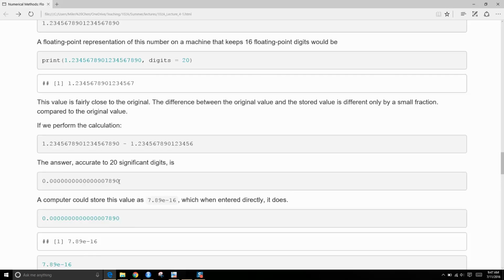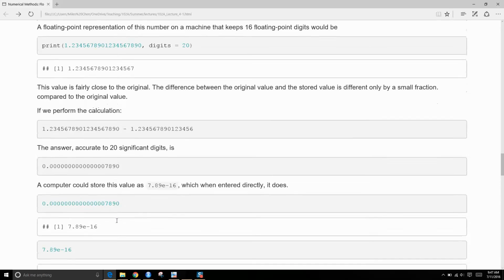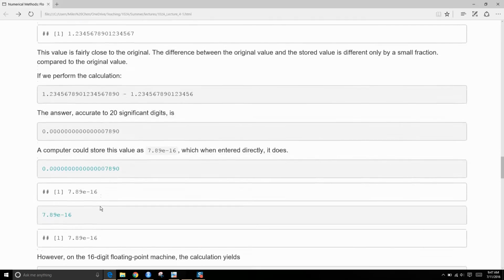This is not done in the computer; this is what we know the answer to be. And the computer can store this number just fine, as 7.89 times e to the negative 16, no problem, okay?